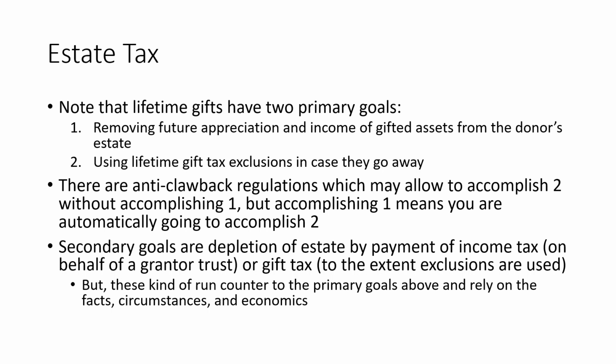But either way, really what that allows you to do is maybe accomplish the second goal here without accomplishing the first. But accomplishing the first really automatically means you're going to accomplish the second goal here. So, with that being said, those two goals tend to move in tandem with each other.